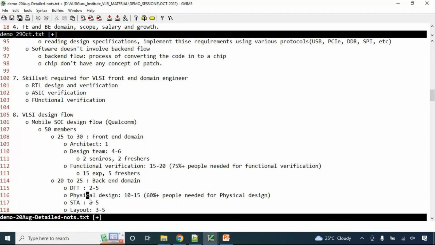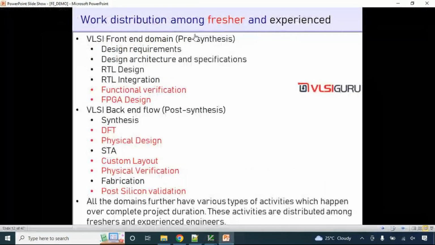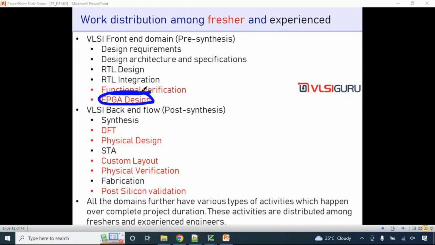Now going back to this diagram, you'll understand. Okay, functional verification. Now why did I draw FPGA design here? It's not part of the VLSI flow, but there also, if you are talking about a front-end domain, where the opportunities are, opportunities are there in the FPGA design also. A lot of opportunities are there. Then opportunities are there in DFT, physical design, custom layout, physical verification, different aspects.